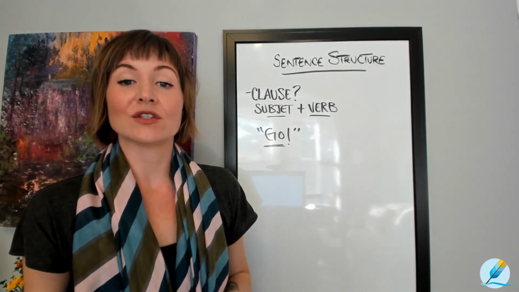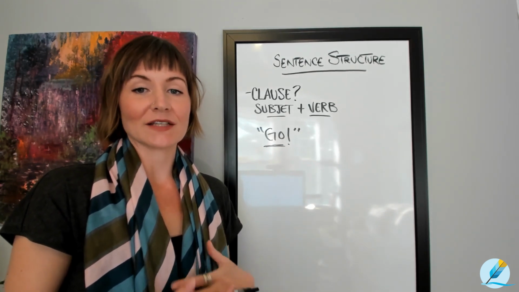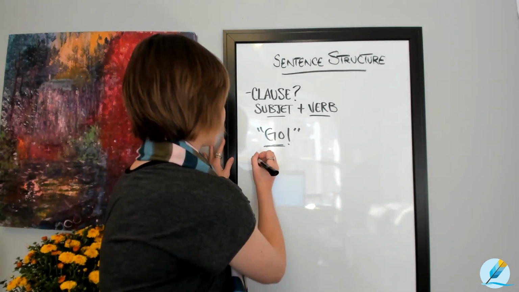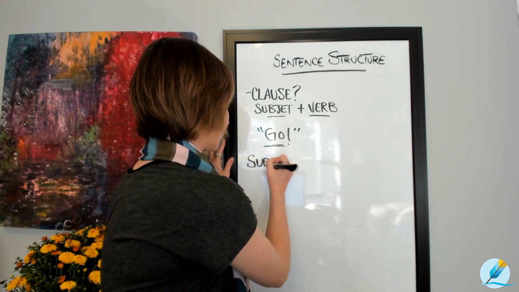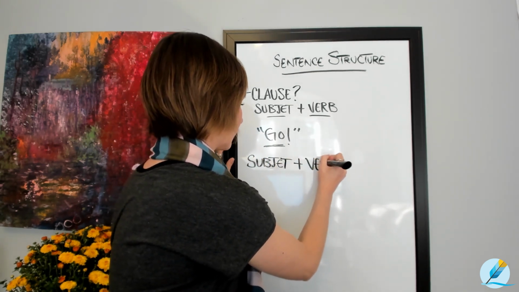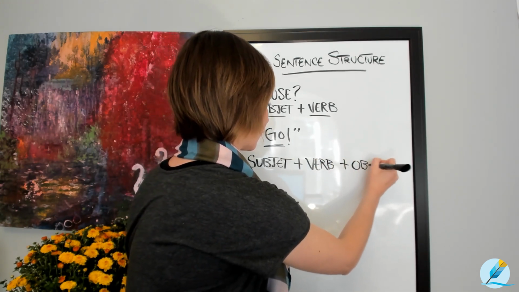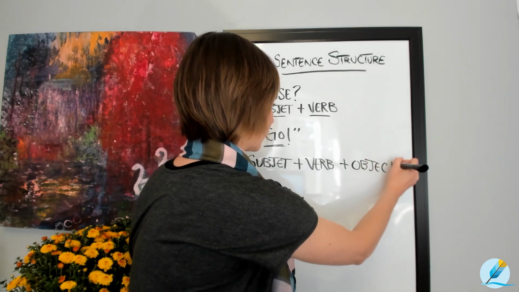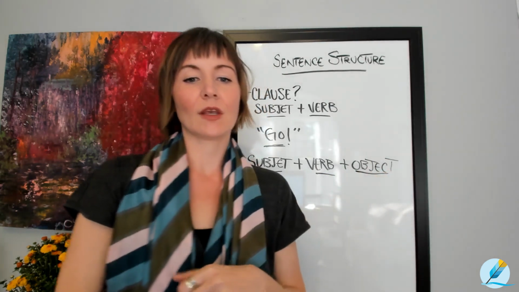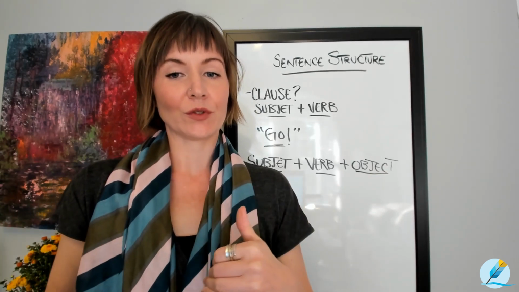Moving on from clauses to sentences, every grammatically correct sentence in English must have a subject, verb, and object. For example, the cat ate the food.